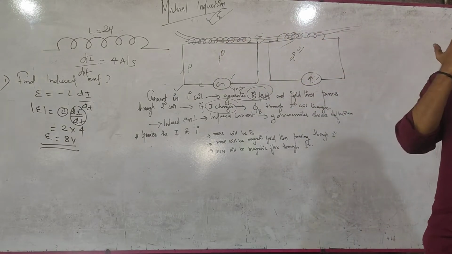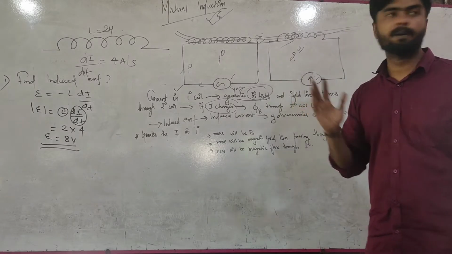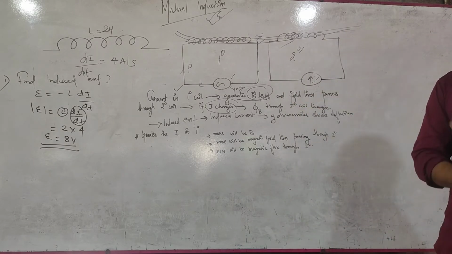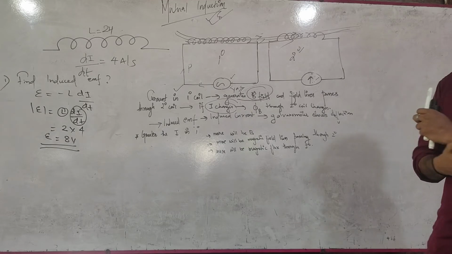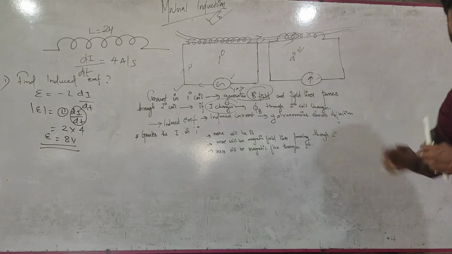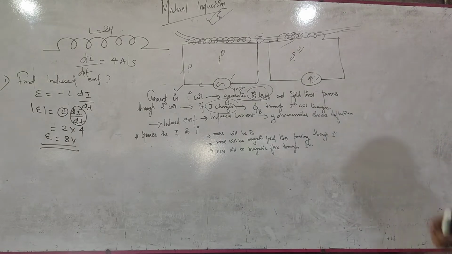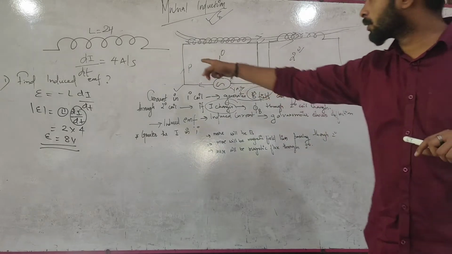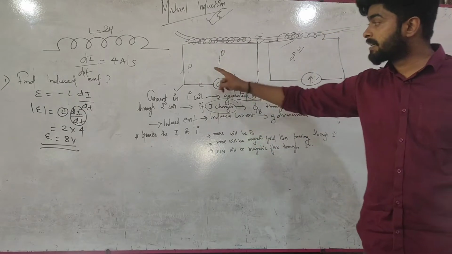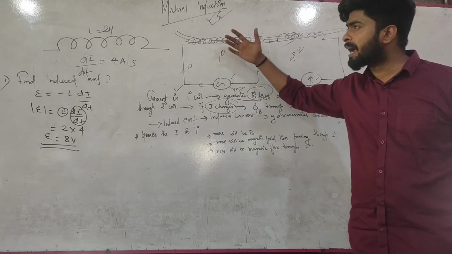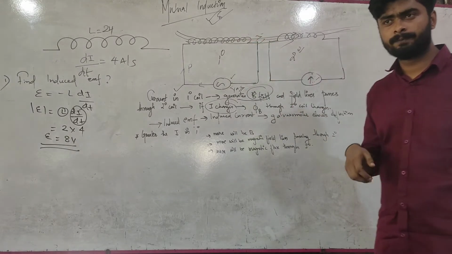So in mutual induction, there will always be two coils. One coil will be called your primary coil and the other coil will be called your secondary coil. Is it clear? Also, if I am increasing the current through the primary coil, I can either increase or decrease it. If I am increasing the current through the primary coil, can I say there will be more magnetic field generated in the primary coil?